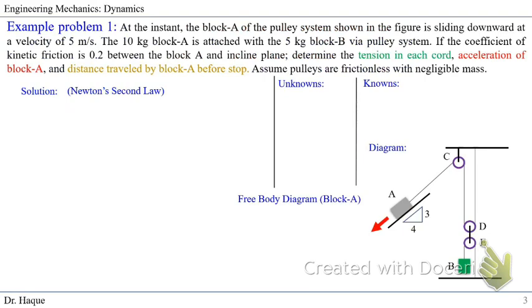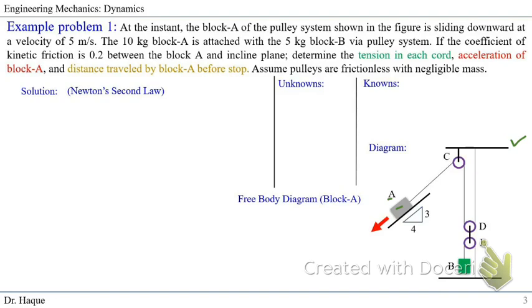The problem says at the instant, meaning the scenario here, in the setup here, the current location of B and A. So at this instant, block A, which is this block A of the pulley system shown in the figure, is sliding downward.